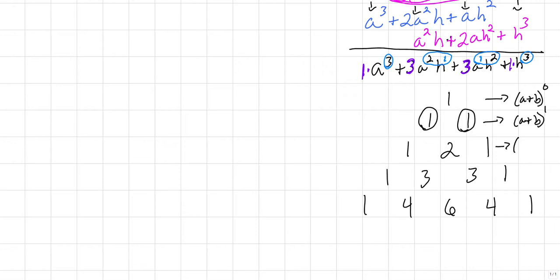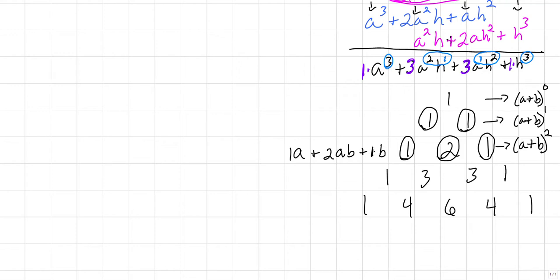This is going to represent the expansion for a plus b squared, noting that this is the coefficient for the first term, coefficient for the second term, and the coefficient for the third term. And in fact, if I write a plus b squared, I will have 3 terms, a, then a times b, and then b, and then what's going to happen is this has a coefficient of 1, a coefficient of 2, and a coefficient of 1.